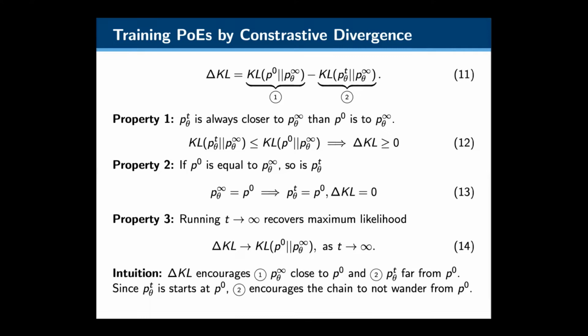I can point you to the paper. What is cool is that this is true for any T. The KL divergence starts at something high, at P0, and it goes down to 0 in a non-increasing way, monotonically. So it's a theorem, and there's a really cool paper that proves this.